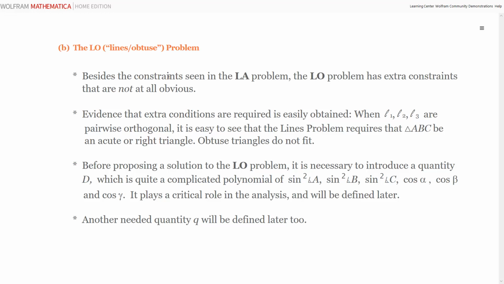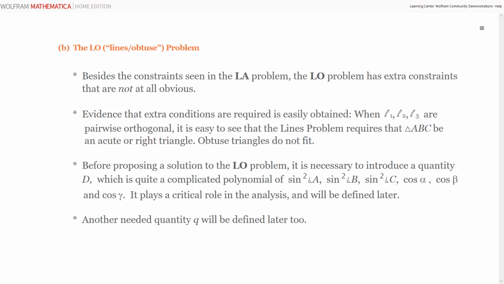Besides the trivial constraints, the LO problem has extra constraints that are not obvious. I would say far from obvious. Let's get a little evidence of the fact that extra conditions are required. So consider the situation where L1, L2, and L3 are pairwise orthogonal lines.